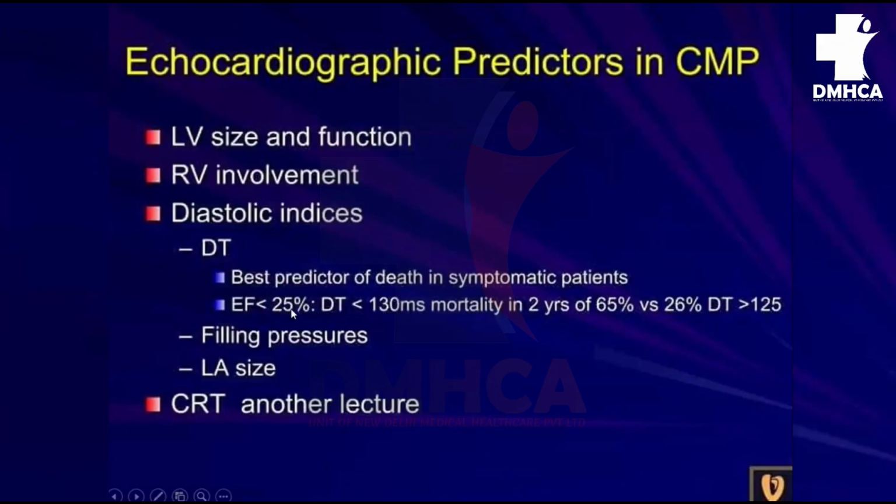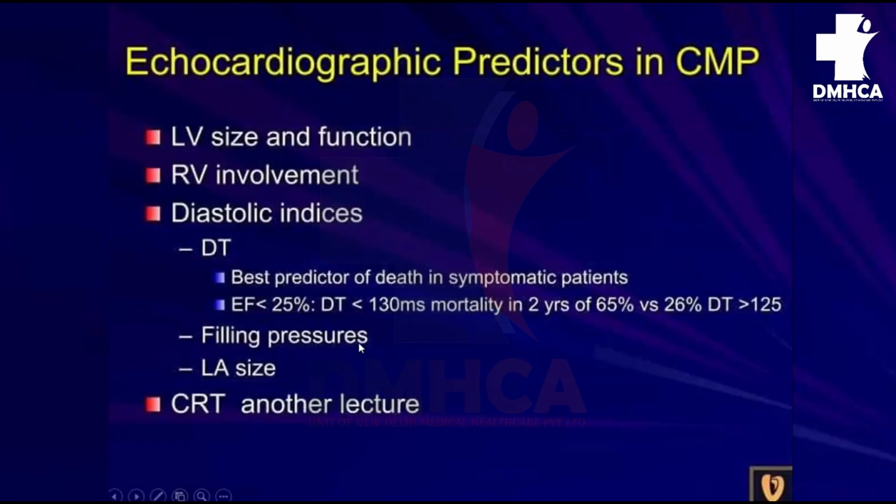The best predictor of death in a symptomatic patient: ejection fraction less than 25, deceleration time less than 130. Mortality in 2 years is 65% versus 26%. If the deceleration time is more than 125, then mortality is more. So deceleration time, ejection fraction, diastolic dysfunction; deceleration time will come in diastolic dysfunction.